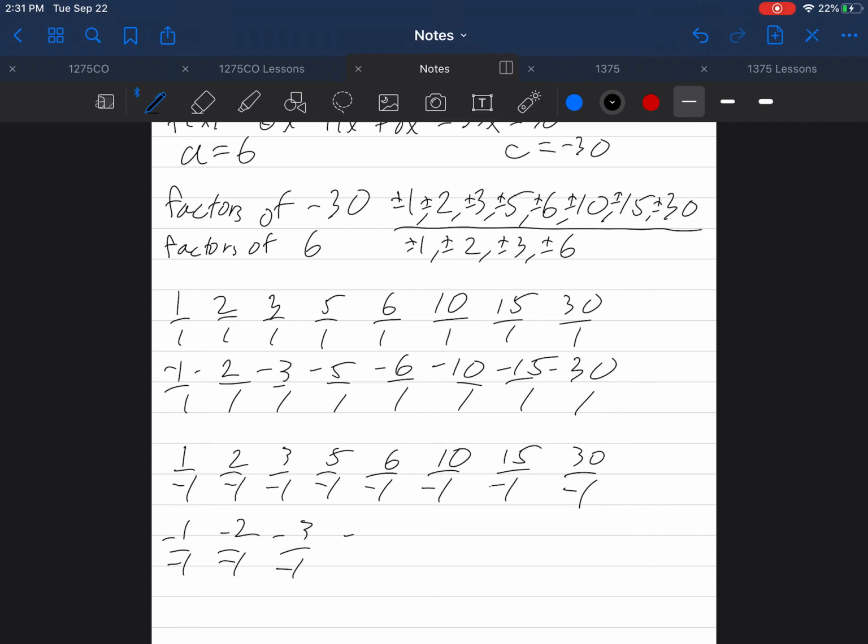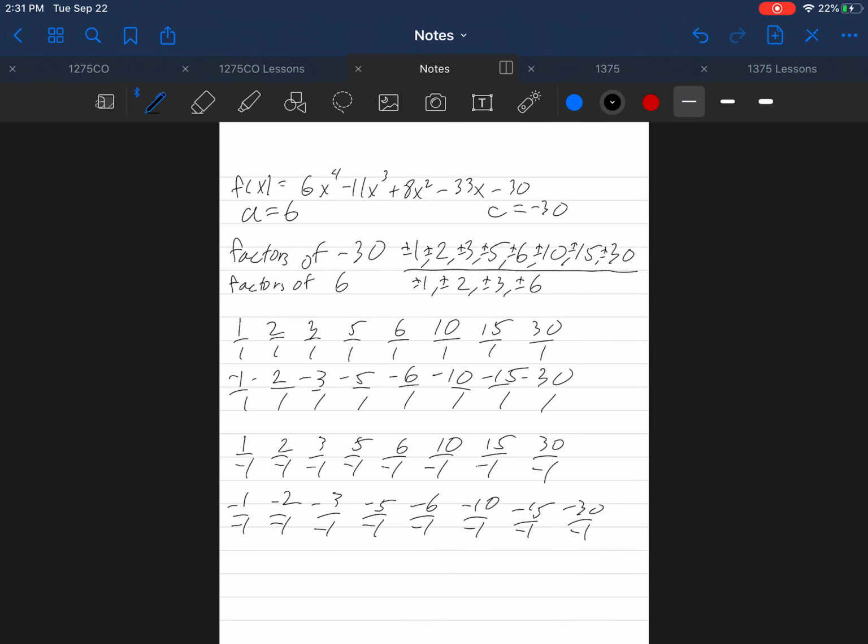This gets very large very quickly, so hopefully you won't have an example quite as extreme as this. Because all of this here only represents these numbers with a denominator of 1 or -1. There's still going to be more with 2, -2, 3, -3, and 6, -6.